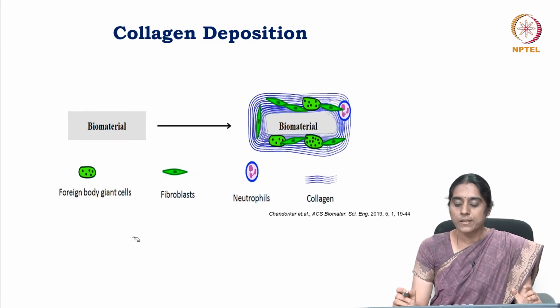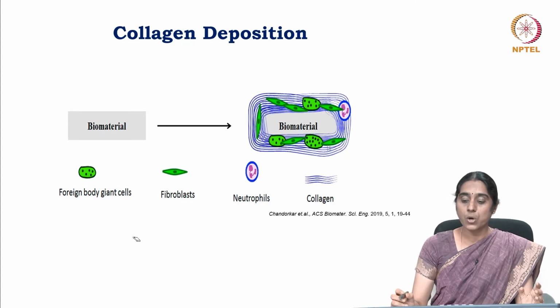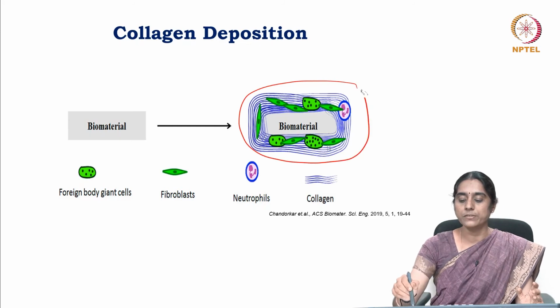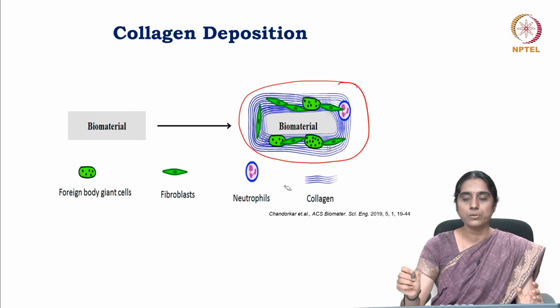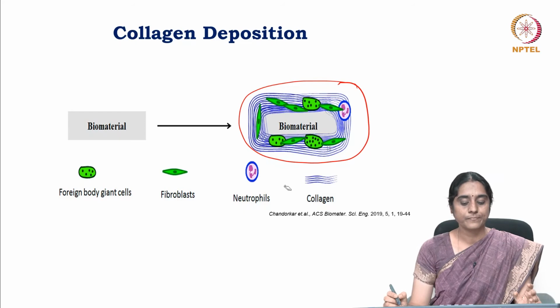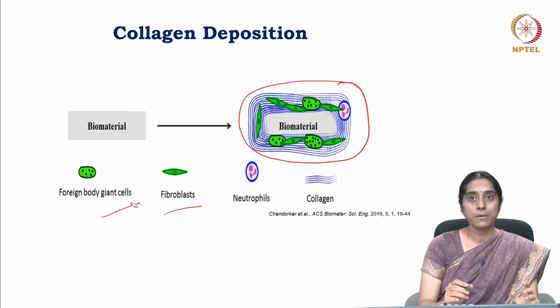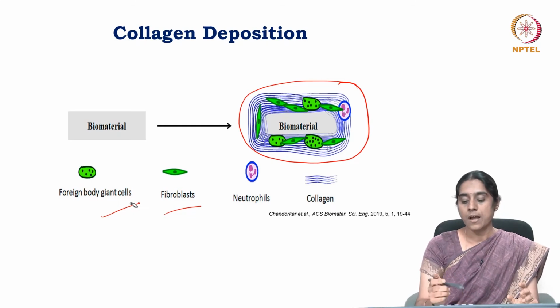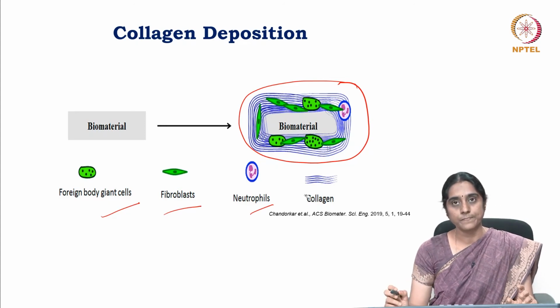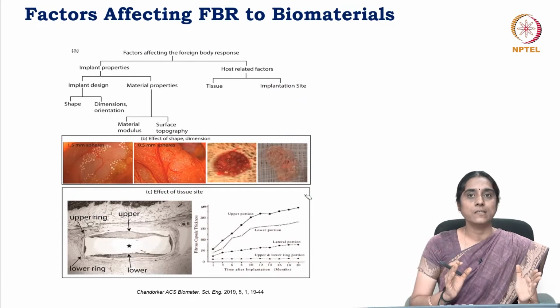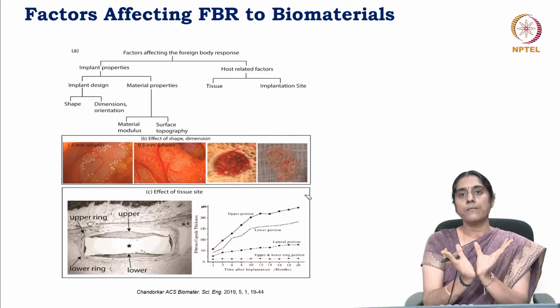Okay. So, this is a schematic representation of how the collagen deposition or encapsulation happens on the biomaterial. You can see that mostly fibroblasts are there, foreign body giant cells, nothing but the fused macrophages, and the neutrophils are there with the shell of collagen. So, what are the factors which affect this encapsulation?